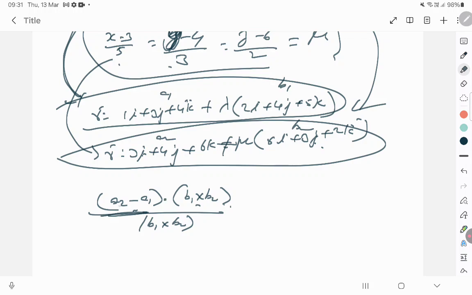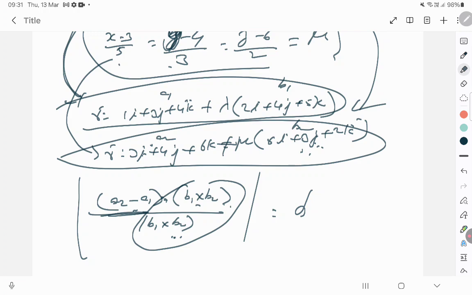And put it here and do a dot product. Actually, you do b1 cross b2 and find the magnitude of b1 cross b2, divide it, and then put a dot product and put the whole magnitude to get the distance. Are you clear? Yes, yes. So what is the formula? a2 minus a1 dot b1 cross b2 by magnitude of b1 cross b2. You understand? Yes. Very clear? Yes. So with this, you will be able to do one whole exercise which I'll send across to you now. Okay?